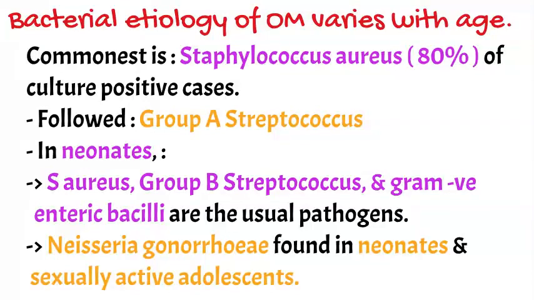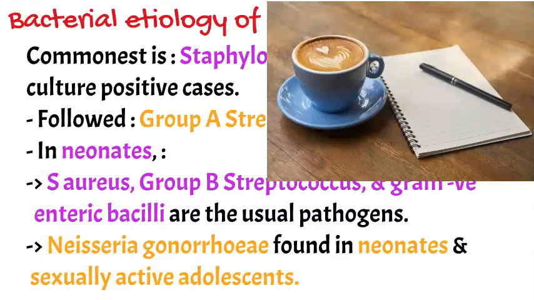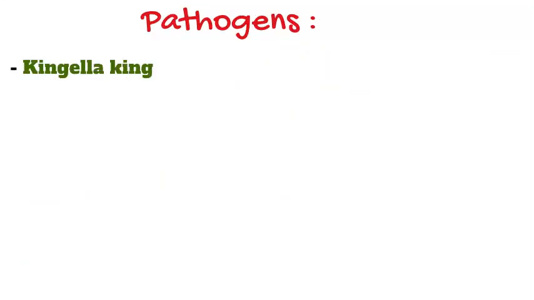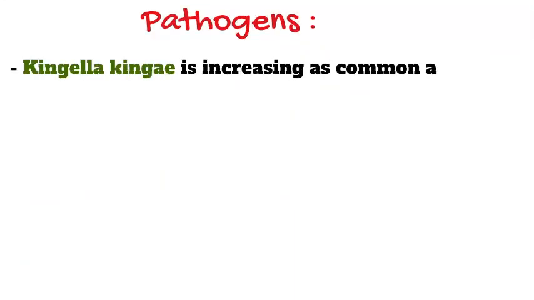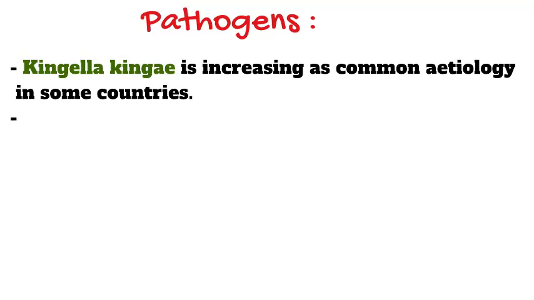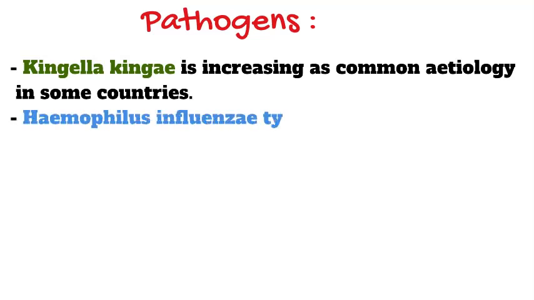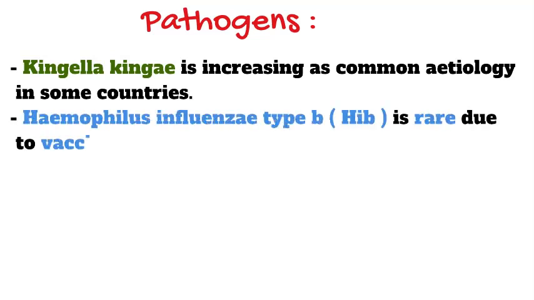Neisseria gonorrhoeae is found in neonates and sexually active adolescents. Kingella, sorry if mispronounced, is increasingly a common etiology in some countries.